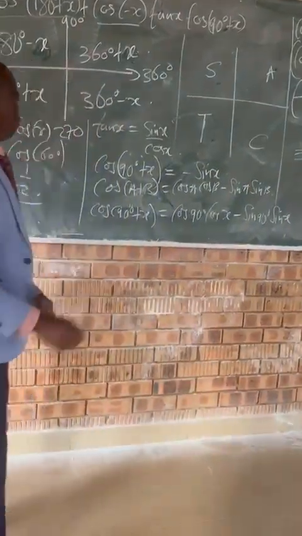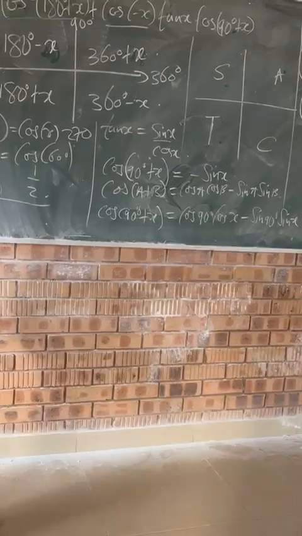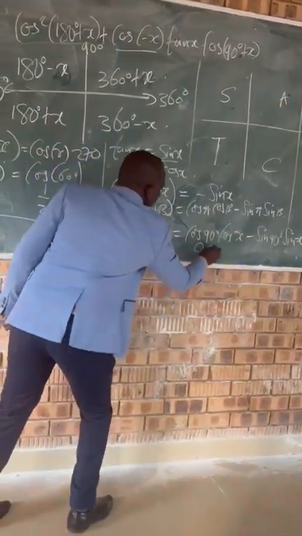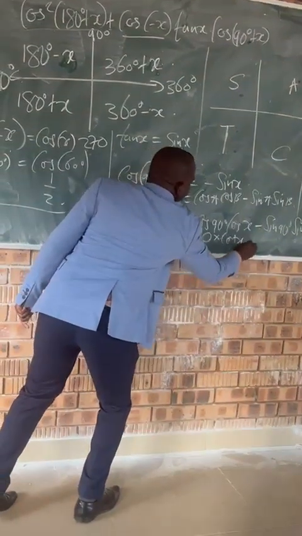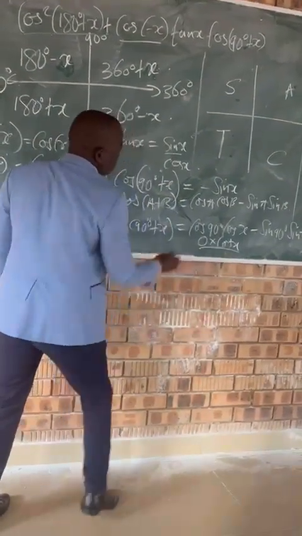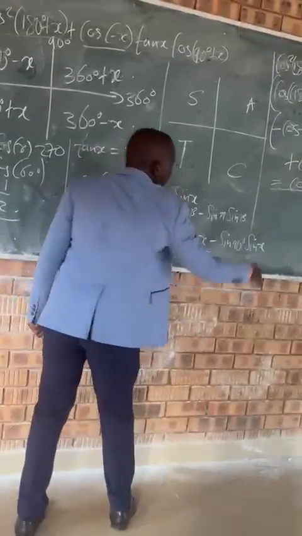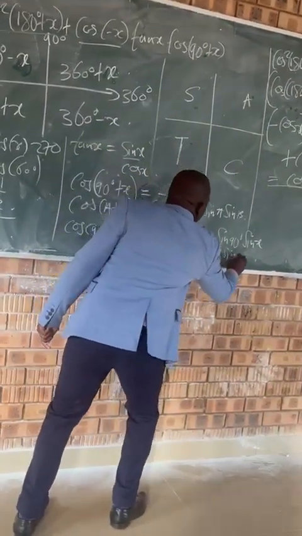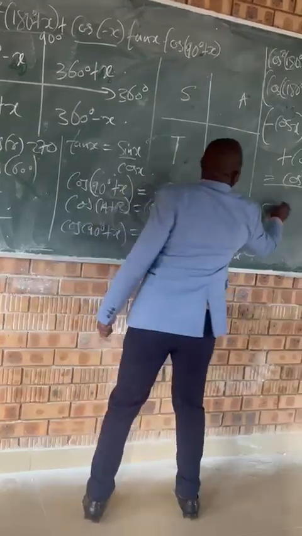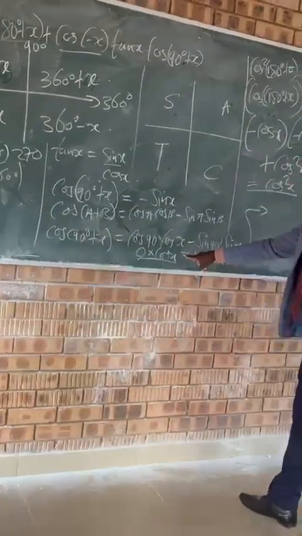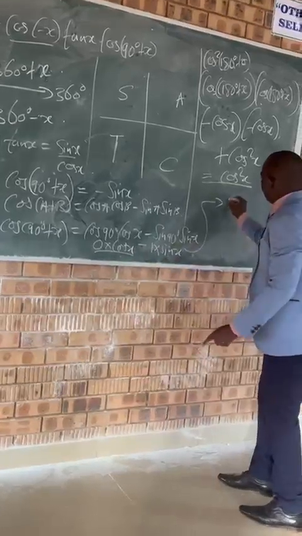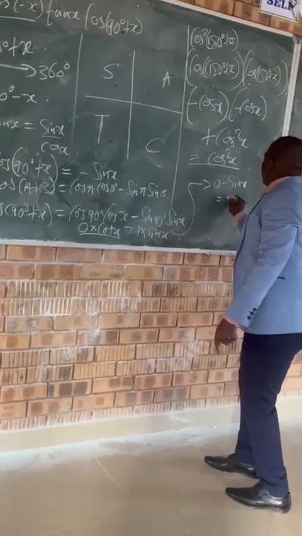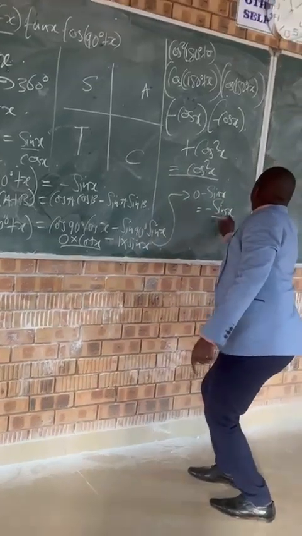The cosine of 90 is 0, so 0 times cos x gives 0. The sine of 90 is 1, so 1 times sine x, with the minus, gives 0 minus sine x, which is just negative sine x.